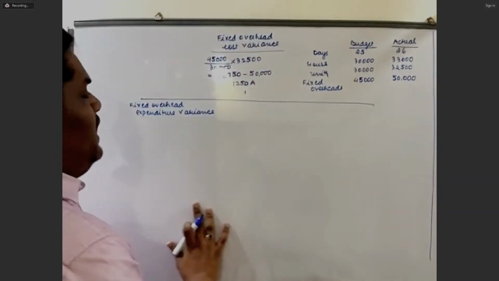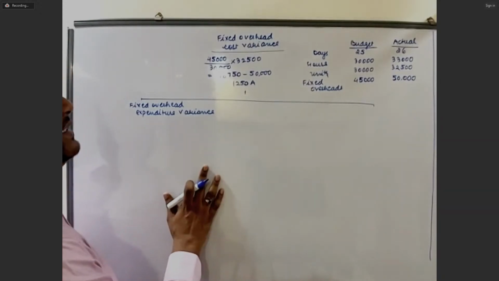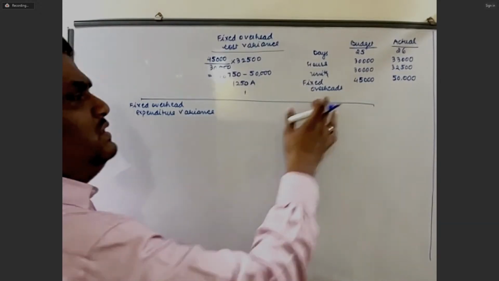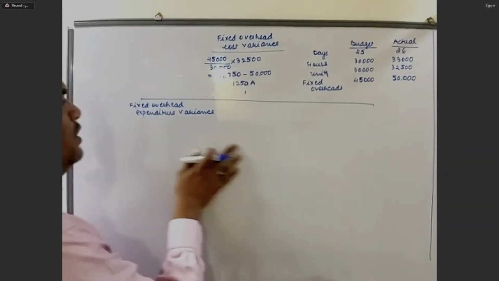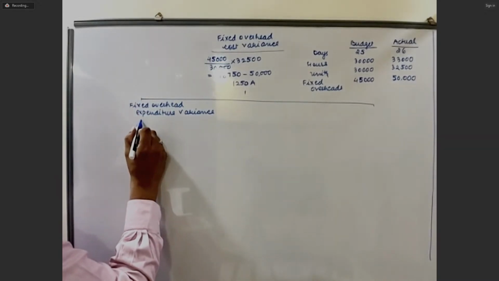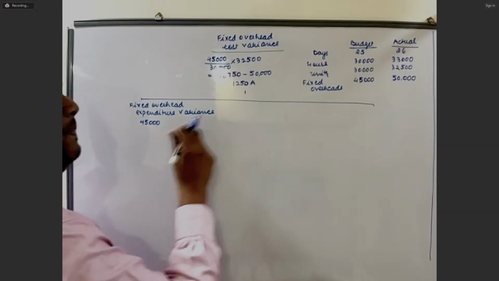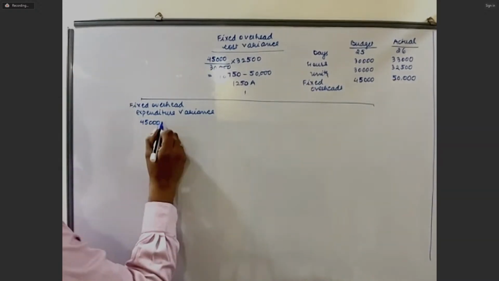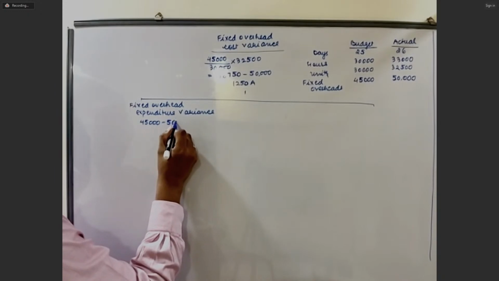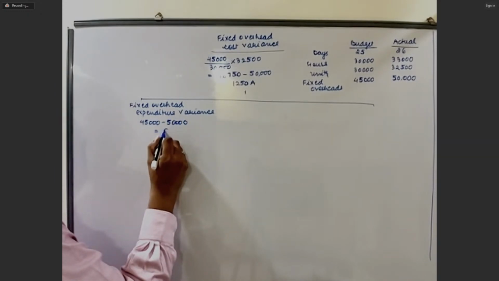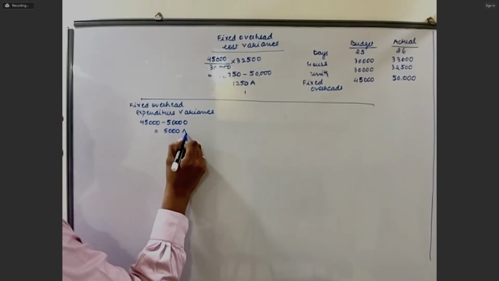So, when talking about fixed overhead expenditure variance, since fixed overhead remains constant at all levels of production, expenditure variance is very simple. My budgeted fixed overheads were 45,000 and my actual fixed overheads are 50,000. So this will be 5,000 adverse.